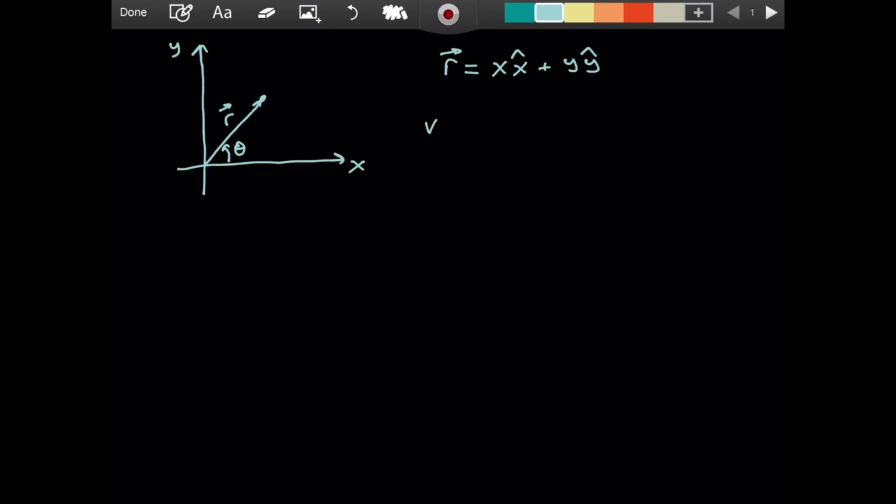The velocity is the derivative of the position, dr by dt. And so how do we take this derivative? We simply do dx by dt x hat plus dy by dt y hat. This is fairly simple, right?